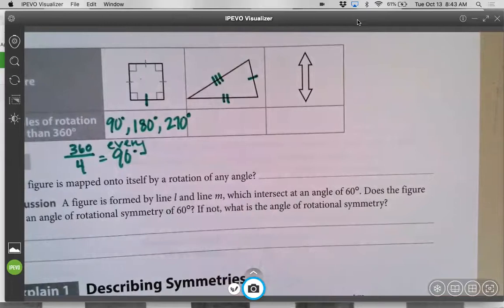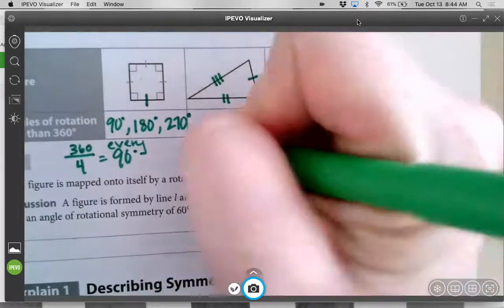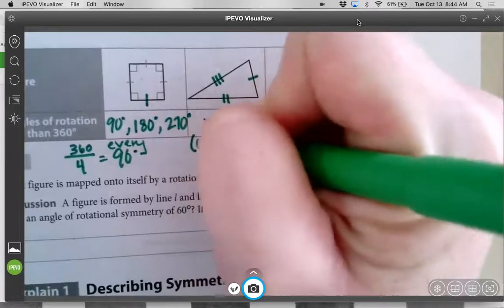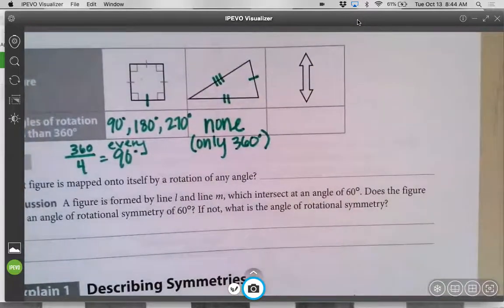How many did we have last time? 0. So if I don't have any matching parts, are there any ways other than 360 that I can spin it to make it match itself? No. So we're going to put none. And then in parentheses, we're going to put only 360. And that's how I'm going to write that every time it happens.